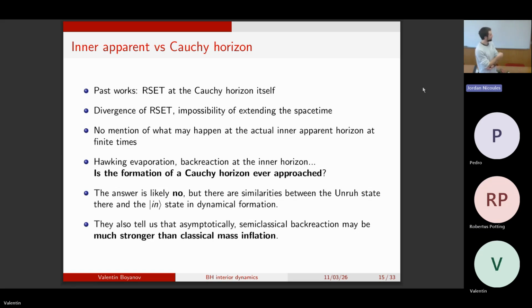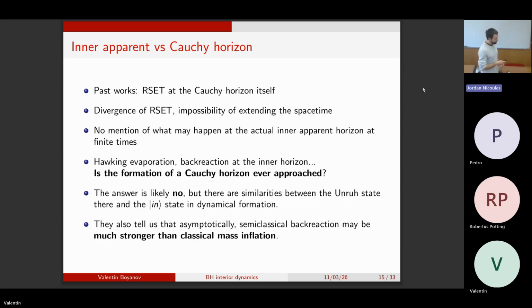Whereas for a Cauchy horizon, you need an infinite time in the external universe. So there's some slight inconsistency in the whole picture if one wants to look at strictly a Cauchy horizon.